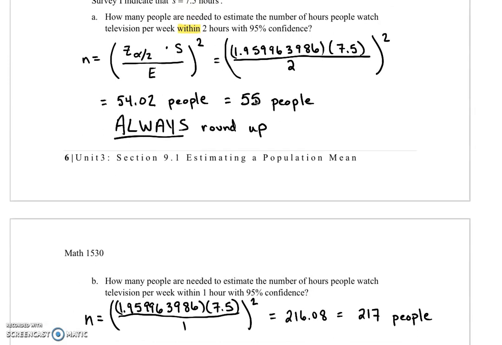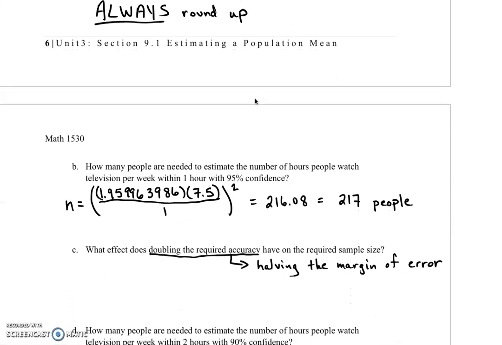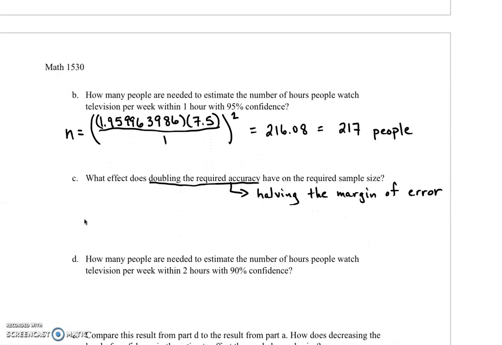Well, let's divide 217 by 55. So 217 divided by 55 gives us approximately 3.94.